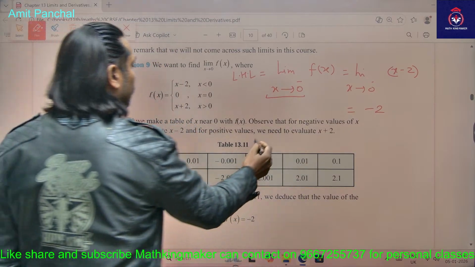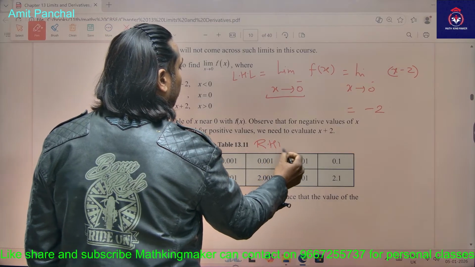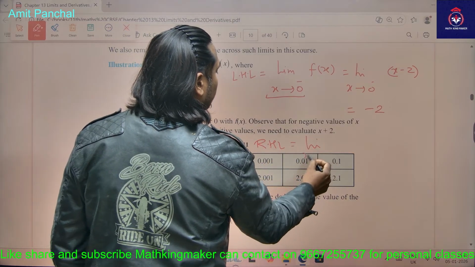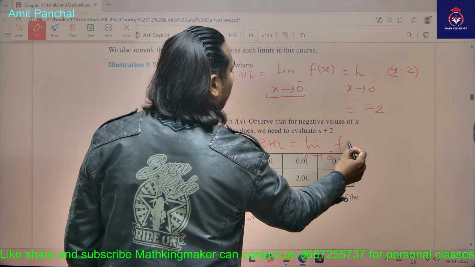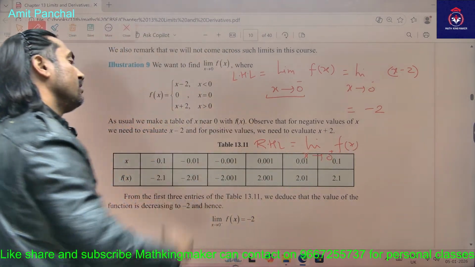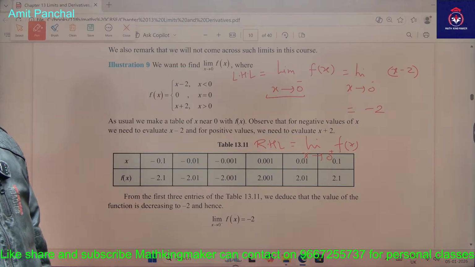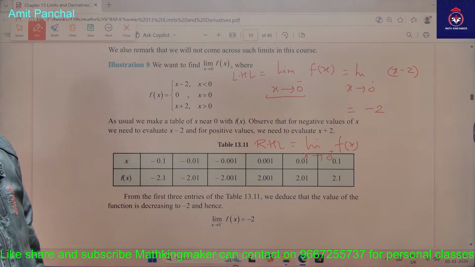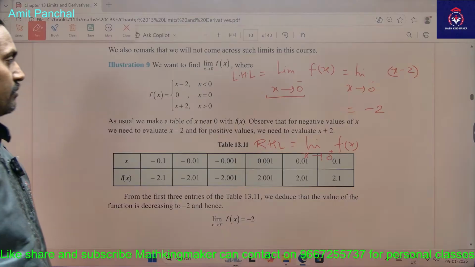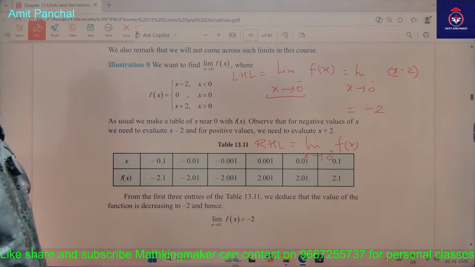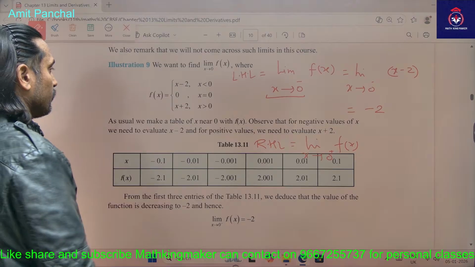Now just find its right hand limit. So the right hand limit will be limit x tending to 0 plus of f(x). What will be f(x) in this case? X plus 2.